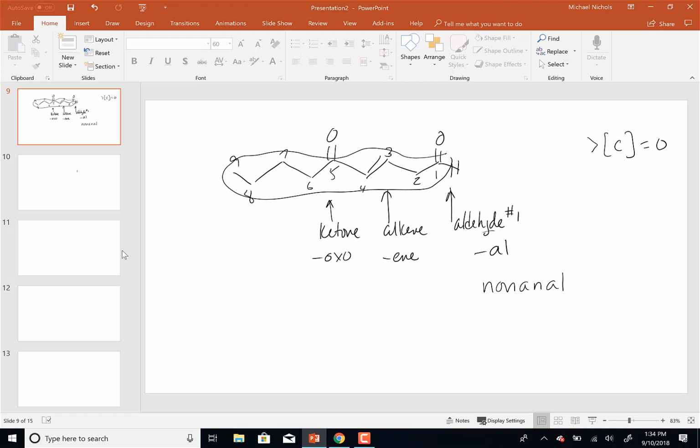All right, so now my non-anal is no longer a non-anal, is it? Because it has a double bond in it. When you have a double or a triple bond, that gets incorporated between the number of carbons and the final suffix. So instead of a non-anal, it's going to be a non-enal.